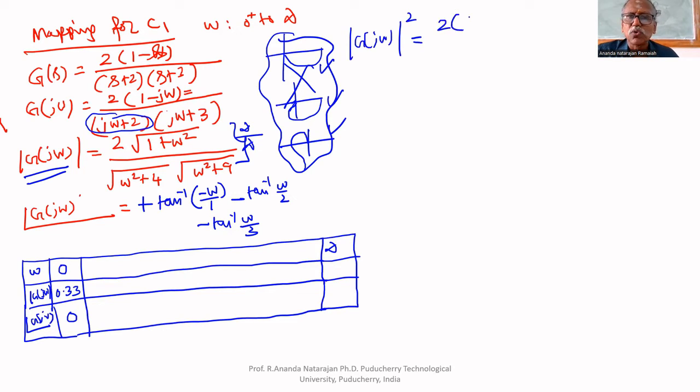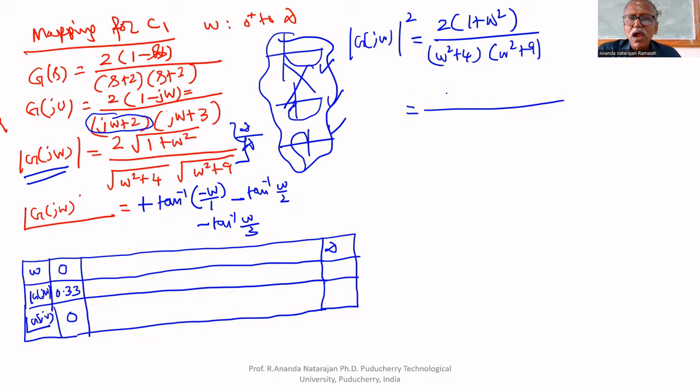That is equal to 2 times 1 plus omega square divided by omega square plus 4 and omega square plus 9. So if you differentiate the numerator and denominator, what you will get? 4 multiplied by 1 plus omega square. Now, infinity by infinity form, undefined.